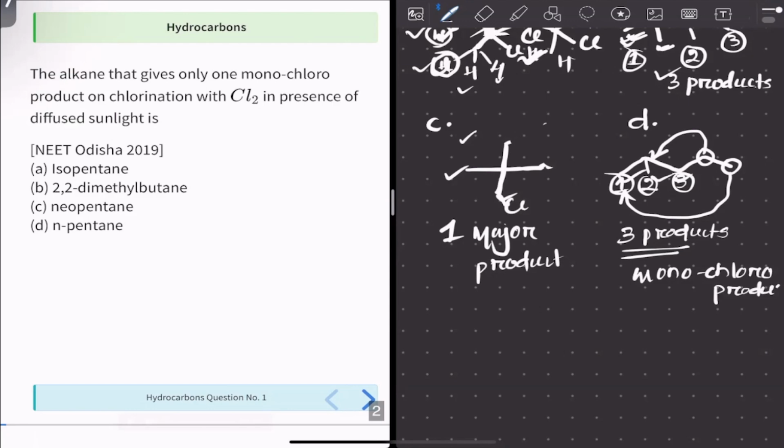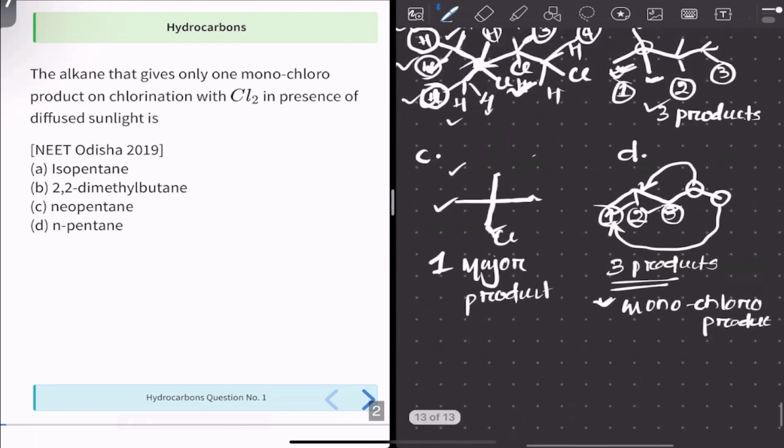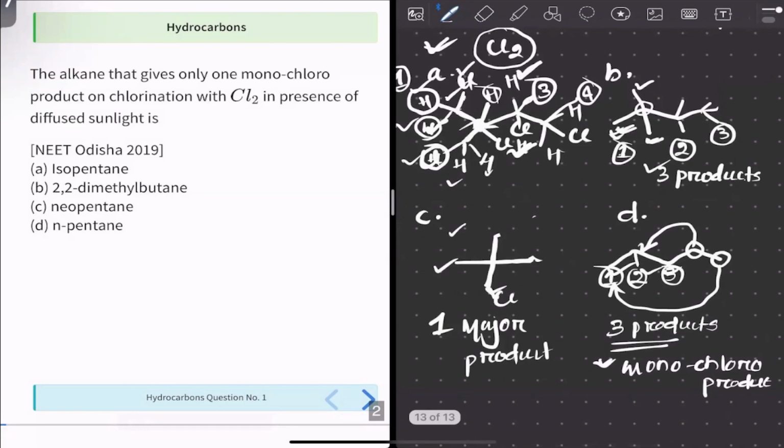There will be more than three products overall, but only three monochloro products will be there. Okay, so in this question, it is asking for the alkane that gives only one monochloro product. So which alkane gives only one monochloro product? Option C molecule, that is neopentane.